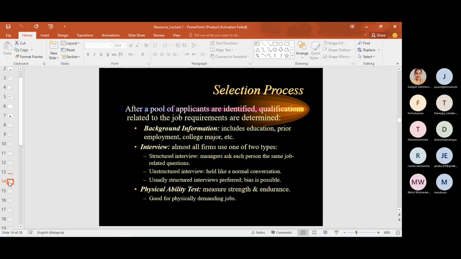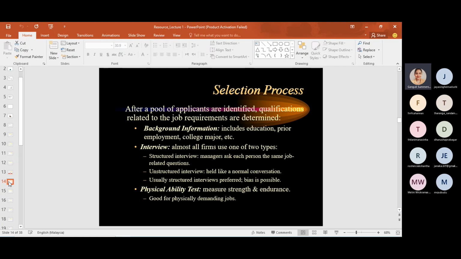Interview. You know what an interview is, right? There are basically two types of interviews: structured interviews and unstructured interviews. Structured interviews means managers ask a specific set of questions from each person.